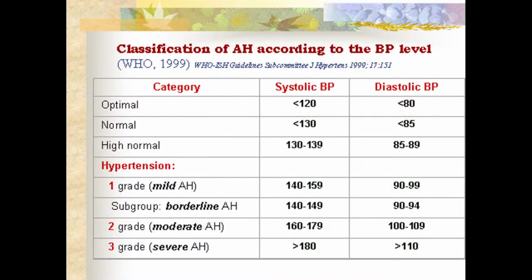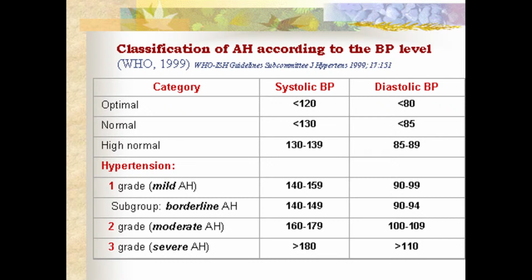Now you can see classification of arterial hypertension according to the blood pressure level. And there are different categories. You can see 3 categories for normal blood pressure. Optimal blood pressure for systolic BP is less than 120 millimeters of mercury. For diastolic blood pressure, it's less than 80 millimeters of mercury.